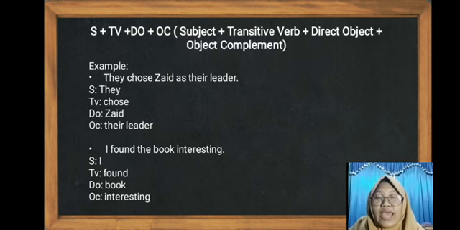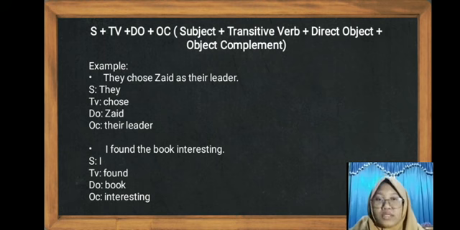Next, we have the S TV DO OC. This sentence type includes a subject, transitive verb, direct object, and object complement. Example, they choose Zaid as their leader. They as a subject, choose as a transitive verb, Zaid as a direct object, their leader as an object complement.